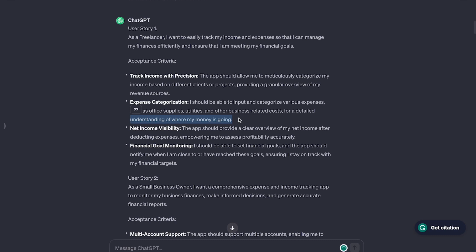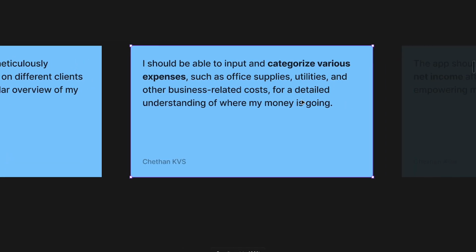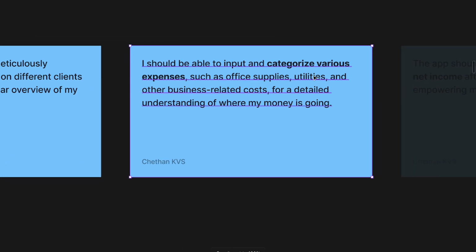Of course, it's pretty obvious that you want a detailed understanding of where your money is going, but why exactly? What do you want to do with that information is still something that we're sort of missing, right? But it's okay. It's a pretty decent reason as to why the user wants to do it. So then I went ahead and added that as well. I should be able to input and categorize various expenses such as office supplies, utilities, etc.